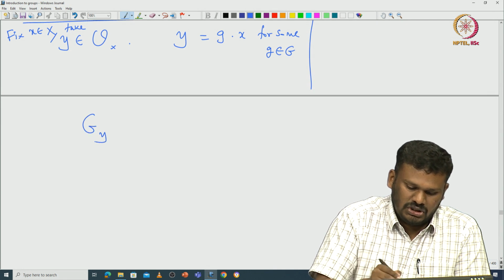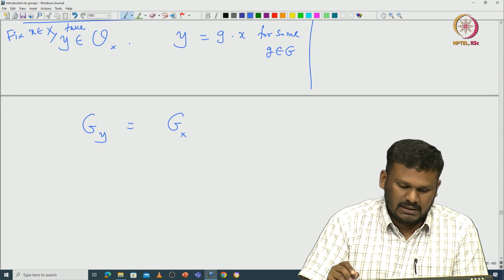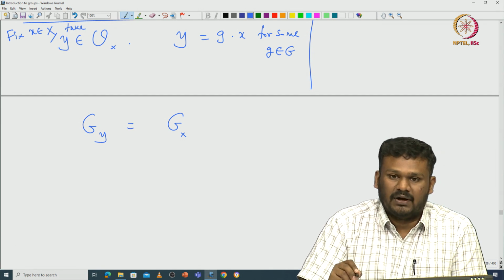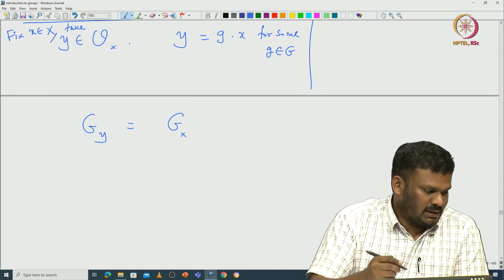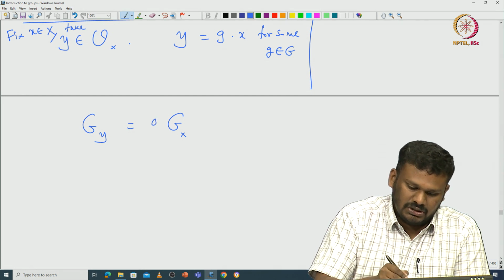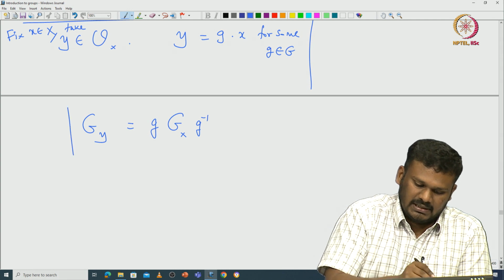Is there any connection between G_y and G_x? If you think about it, the stabilizer of y is given by the conjugate of the stabilizer of x, the conjugation is by this element g. So g G_x g inverse will be exactly G_y.